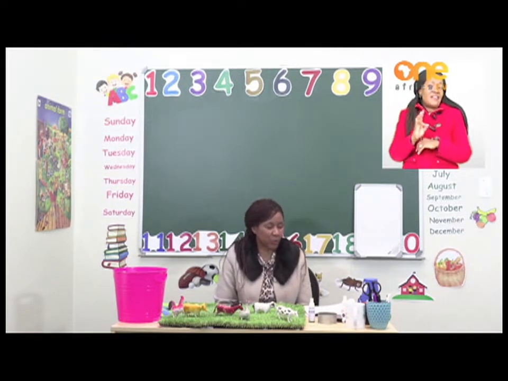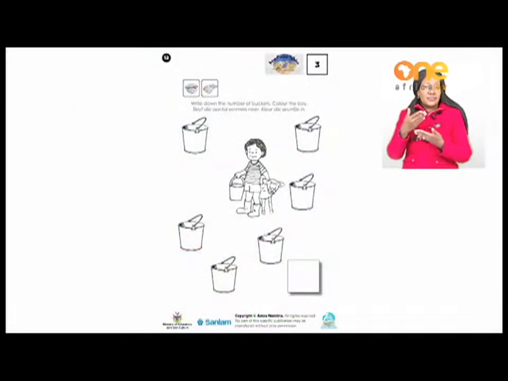Let's get back to page 12 on our booklet. We need to count the number of buckets and try to see and remember the boy is carrying 1 bucket of milk. Now let's count the buckets together.